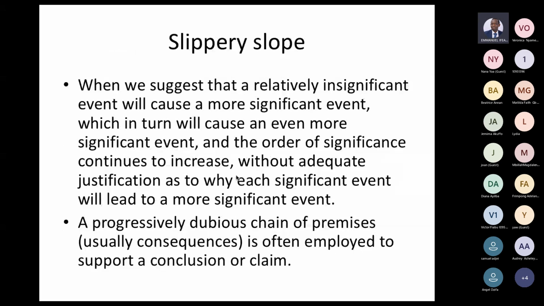Then we have slippery slope, to assume that if A happens, then A will lead all the way to Z. And at any time A happens, Z must follow. That's slippery slope.